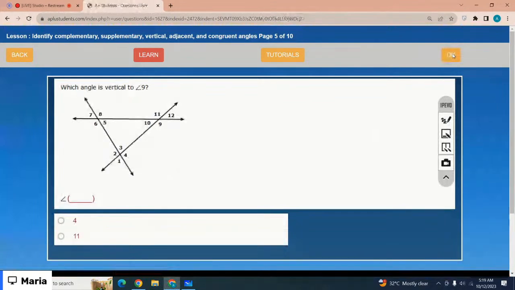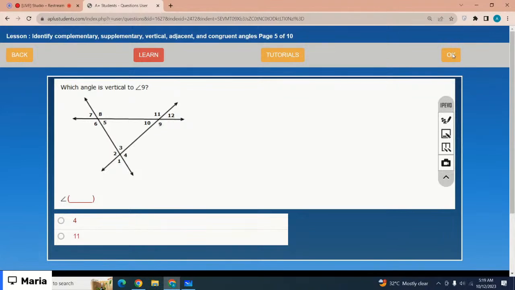Which angle is vertical to angle 9? Is the correct option 4 or 11? The correct option is angle 11, right? Very good.